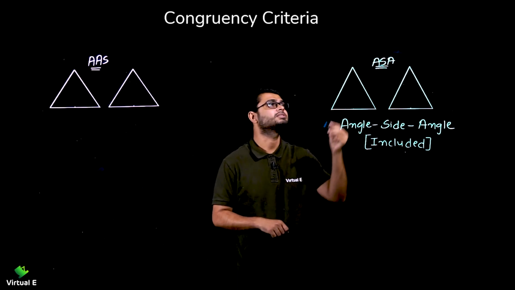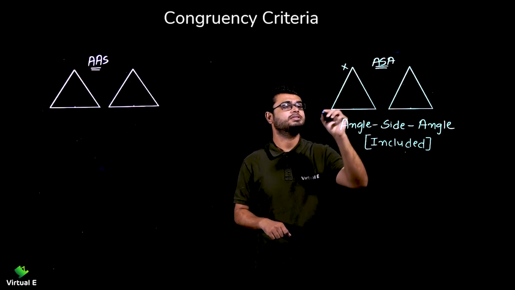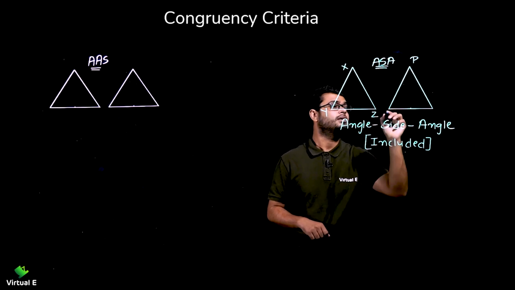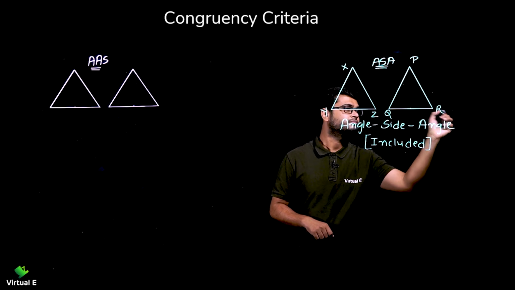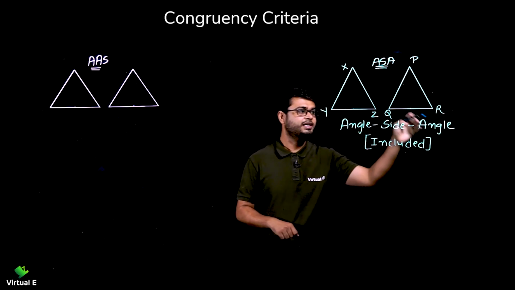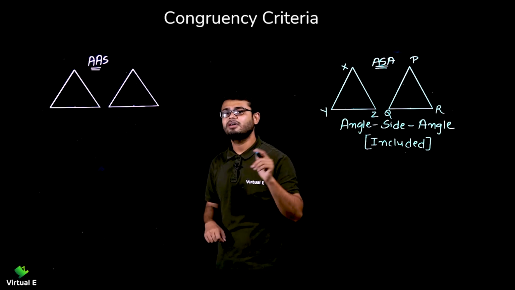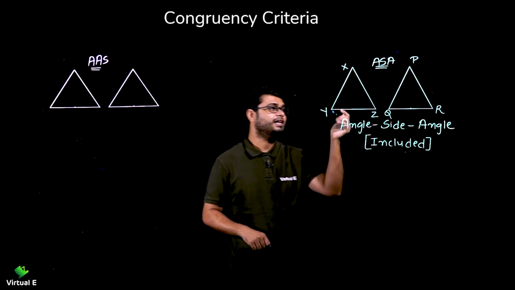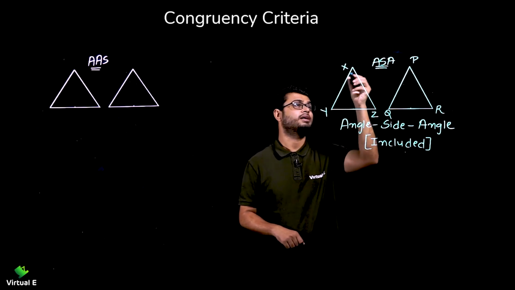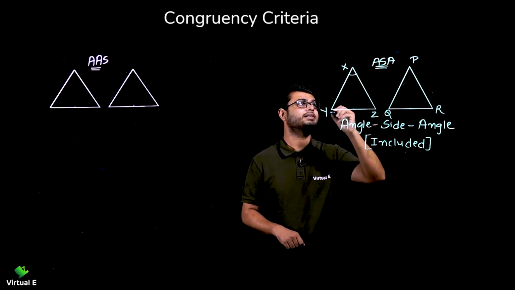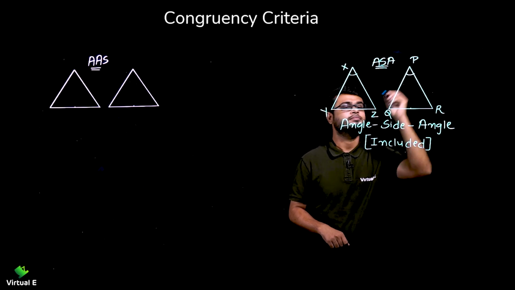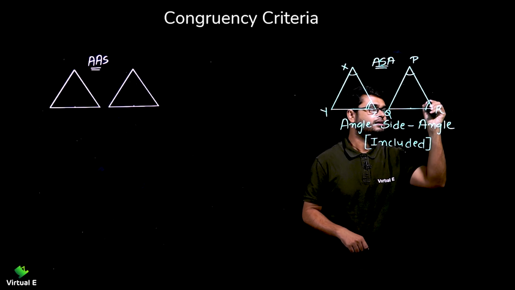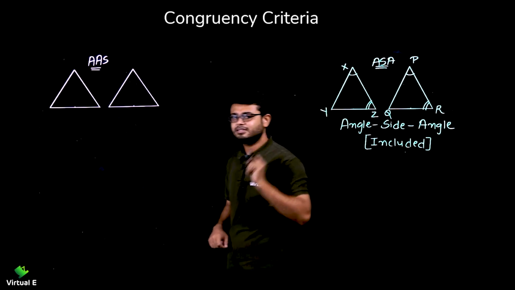In what way? Let's take two triangles. Again here X, Y, Z, and here let's say P, Q, and R. Angle, side, angle. We need to have how many angles? Two and one side. So let's take any two angles. Let's say I have X and here P, here Z, and here R. So two angles are done.